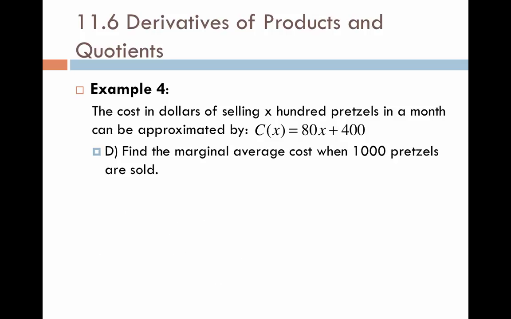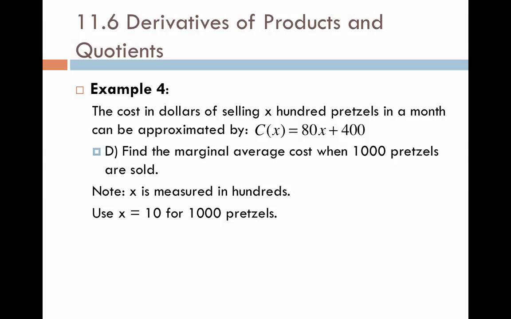D, find the marginal average cost when 1,000 pretzels are sold. So again, reminder, x is measured in hundreds, so I use x equals 10 for 1,000 pretzels. This was my marginal average cost function, and then I plug in 10, and I get negative 4.